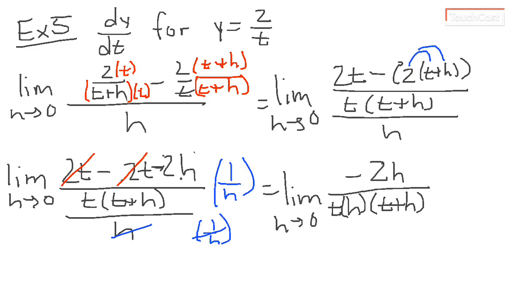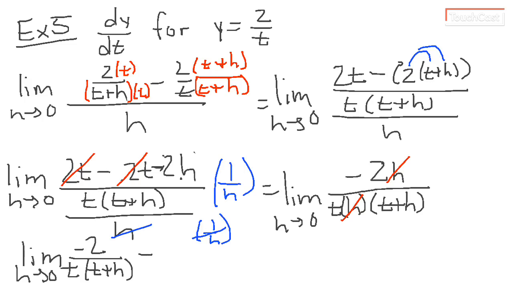And here, our numerator and denominator both have an h, so let's cancel those out. So we can rewrite this as the limit of negative 2 over t times t plus h as h goes to 0.